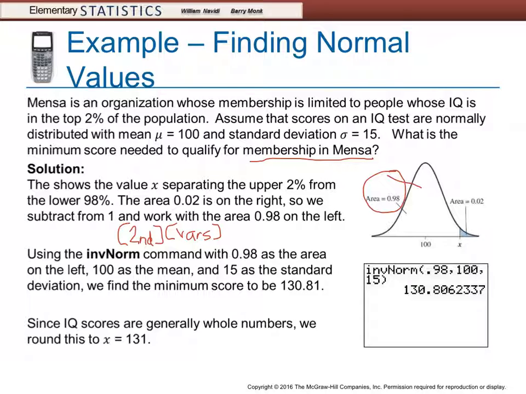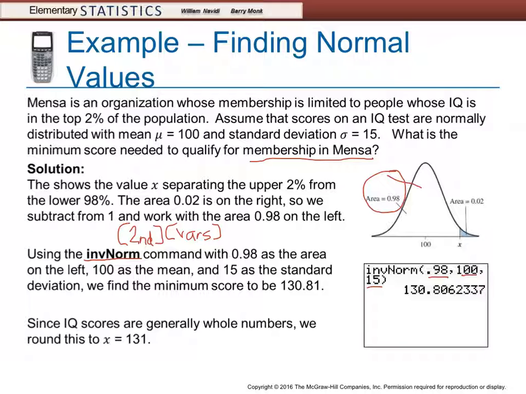We locate the invNorm command. And once we have the invNorm command, the first entry is 0.98, that's the area to the left of x. Then we enter 100 because that's the mean value, and the standard deviation is 15.